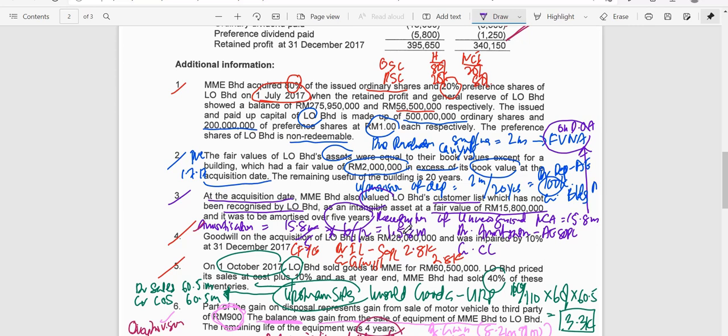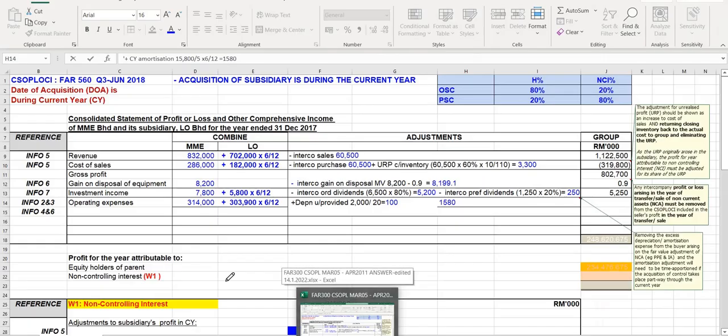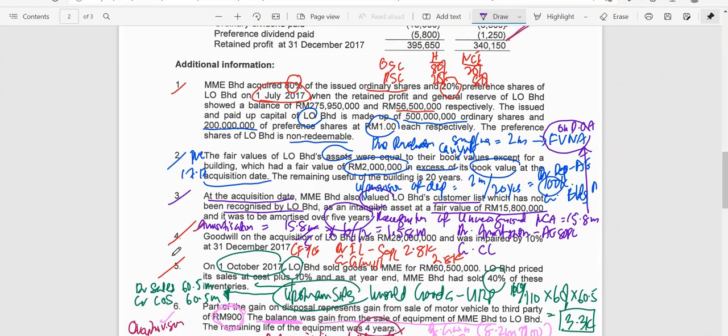So 1.58 million has not been provided, and now the asset is being fair valued, and you incorporate that. It was amortized over 5 years, and you need to multiply by the post acquisition period as well, since amortization has taken place. Next, let us look at the next item on goodwill.